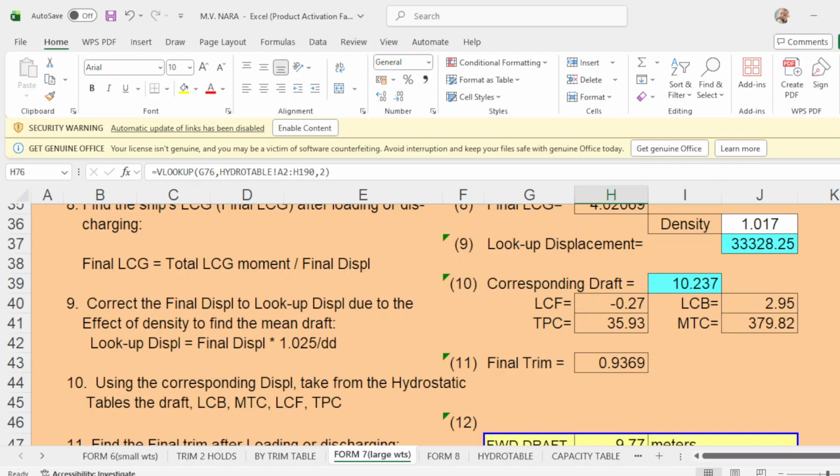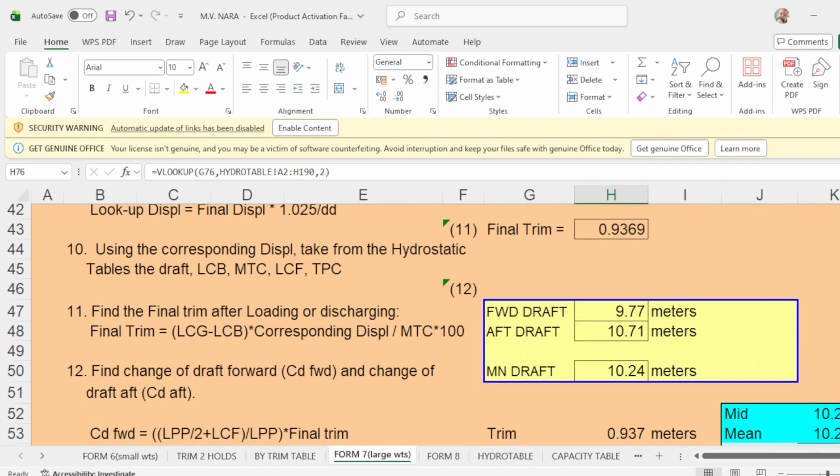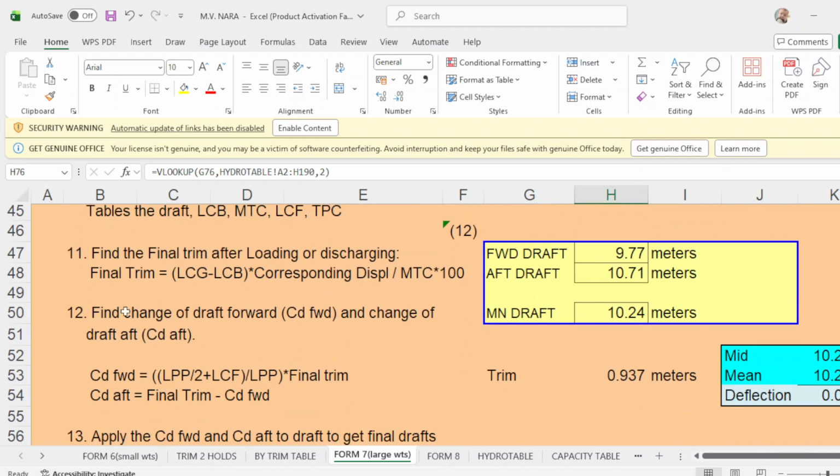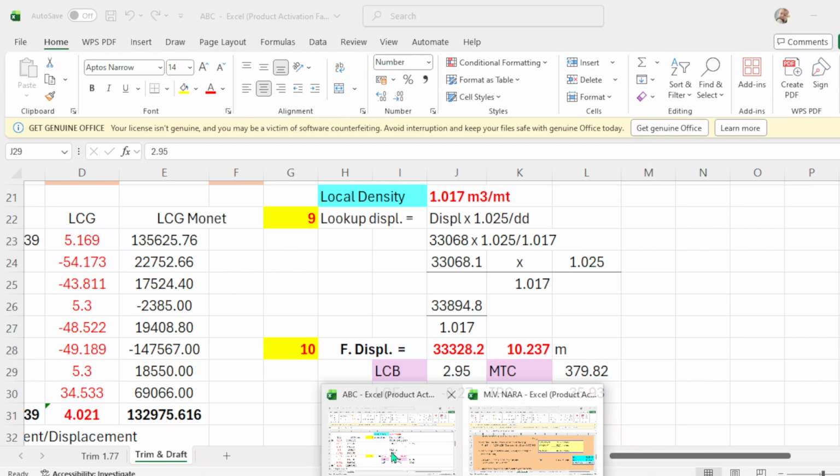Then we go to 11. Find the trim after loading or discharging, your final trim. So this is the formula: final LCG minus LCB times the corresponding displacement over MTC times 100. So you're now looking for the final trim. It doesn't show here, but here manually I will show you.